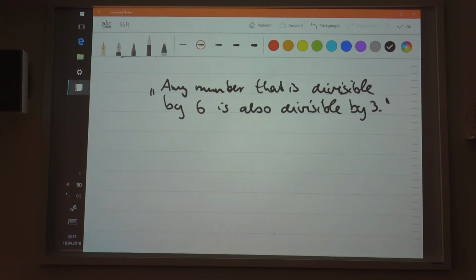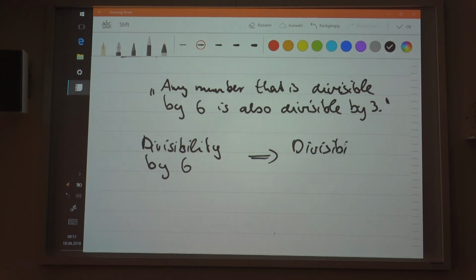So what does it mean? It means that if you want to denote this from the logical perspective, you can also say that the divisibility by 6, in German you say Teilbarkeit, implies the divisibility by 3.